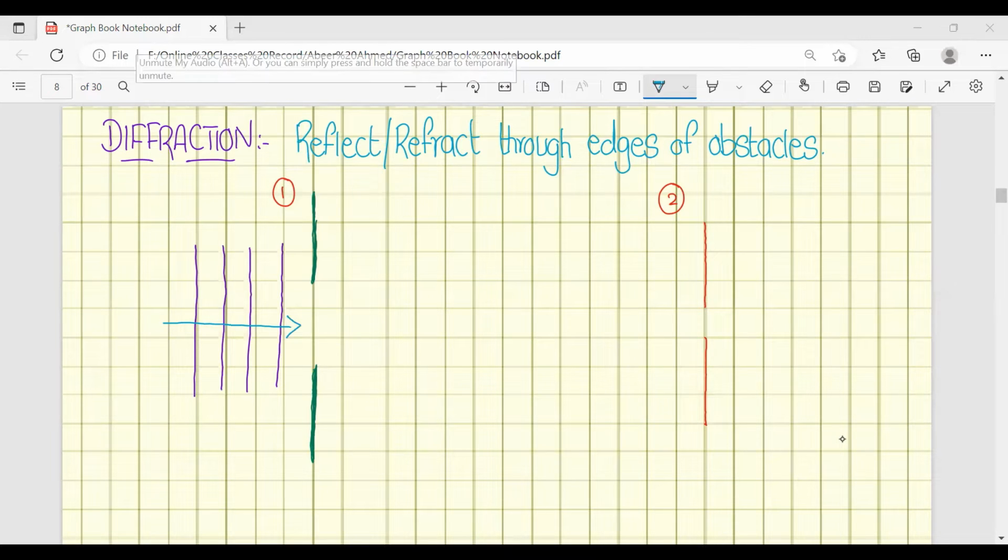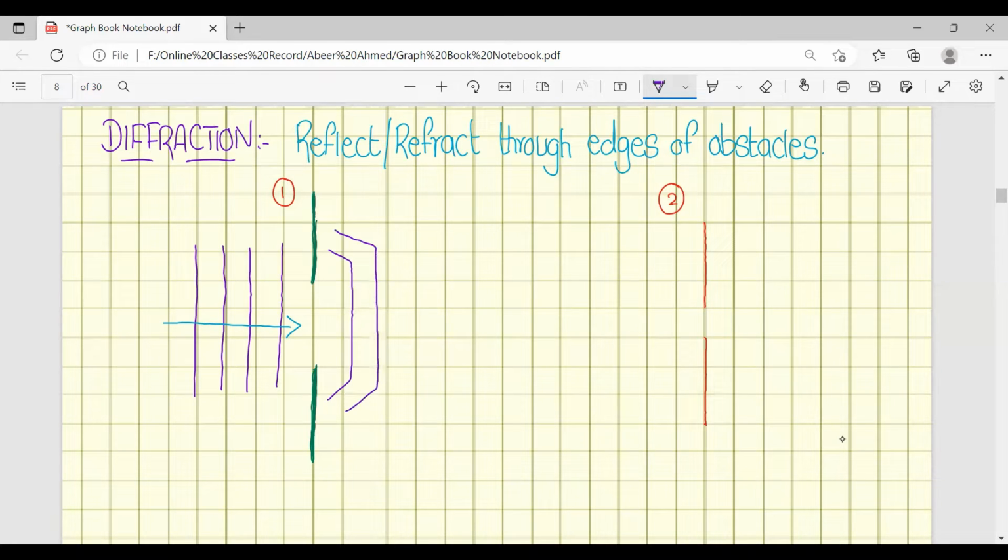Will it spread in all directions? Okay, it will spread in all directions. Very good. So the orientation will be like this. You need to draw at least 3 lines after passing through the obstacle. So waves are going to spread in all directions like this.